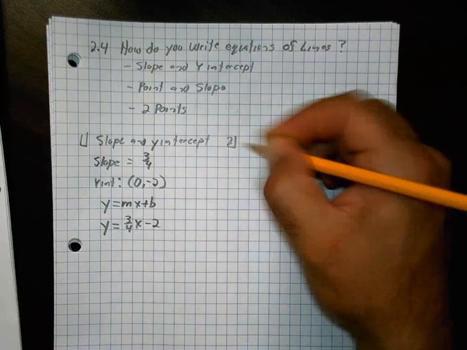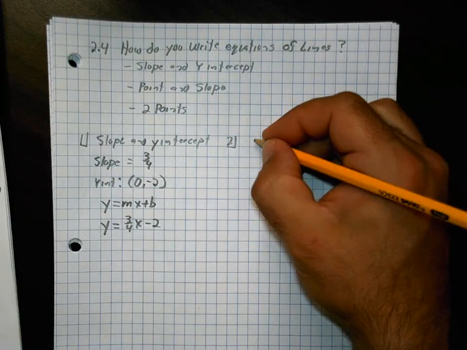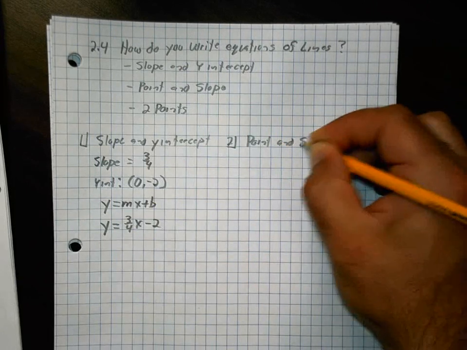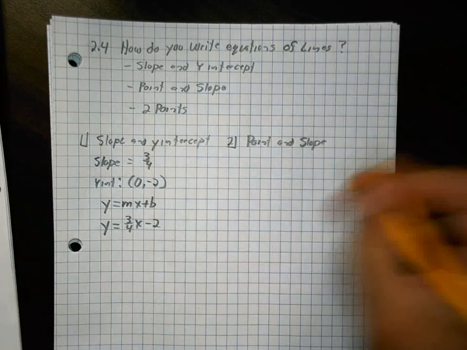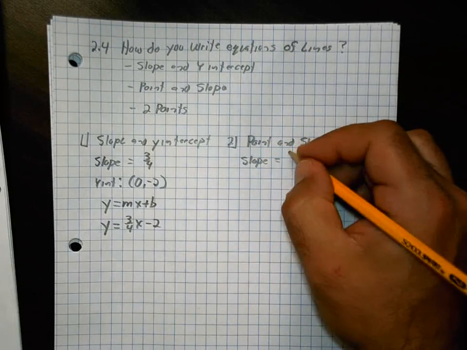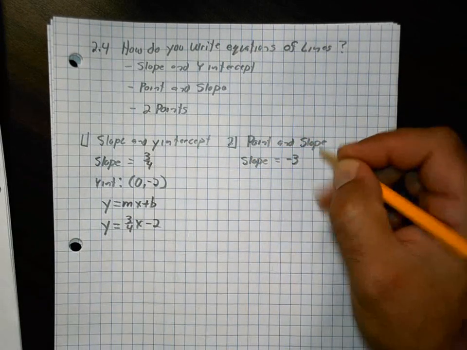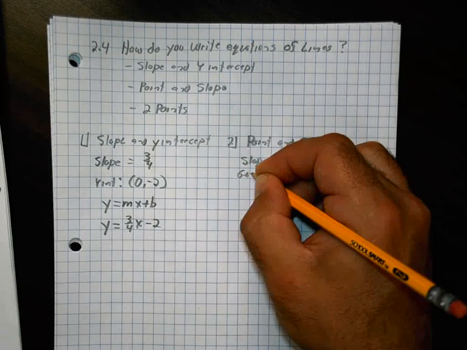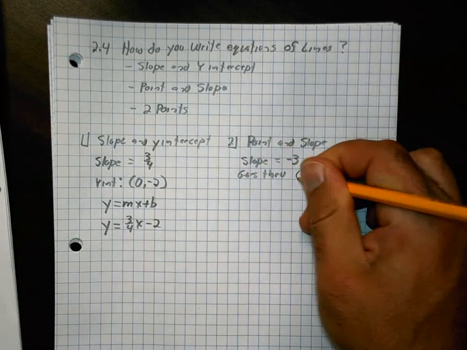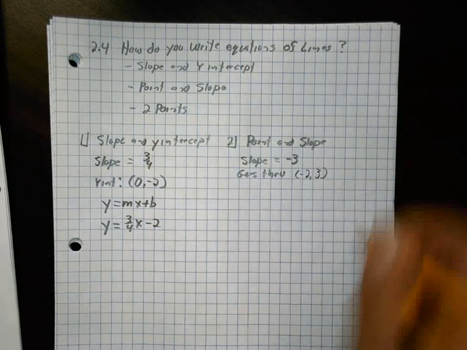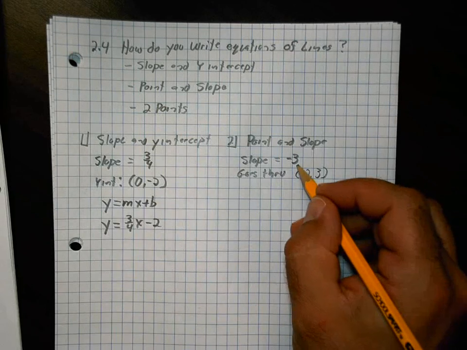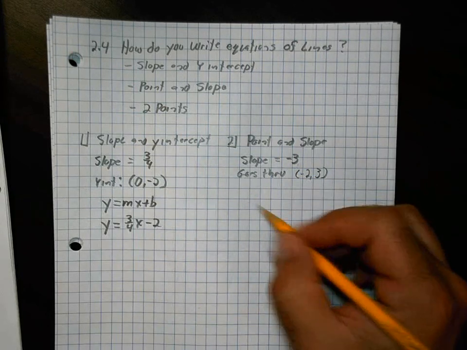Second case, what if I have a point and slope? Let's say the slope is -3 and it goes through (-2, 3). The first step is to plug the slope into y equals mx plus b.